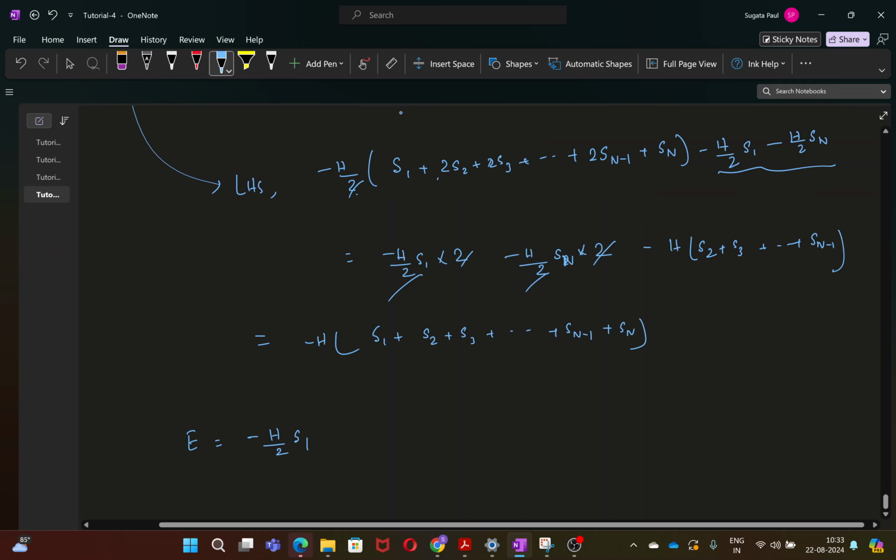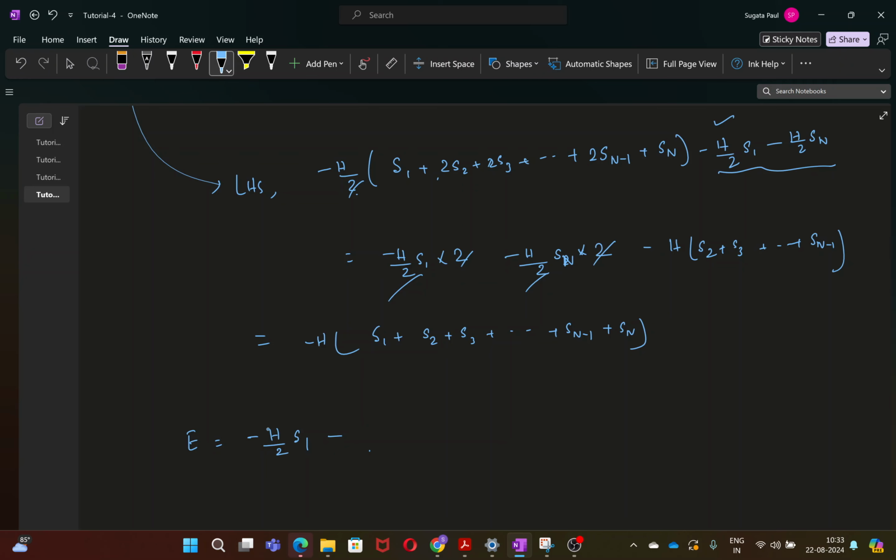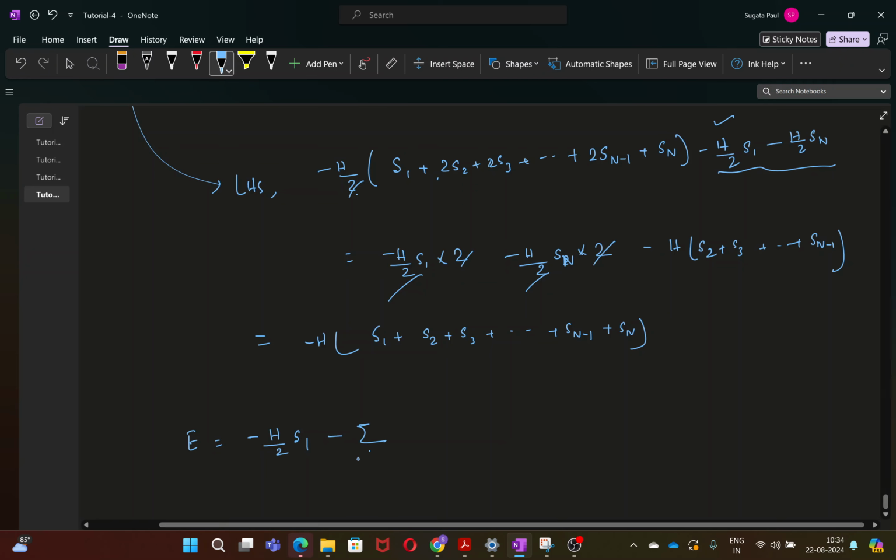So you take this minus h by 2 S1 first, then you take the external field term, which is the sum over i equal to from 1 to n minus 1, then j is i plus 1, the external interaction term, plus S i plus 1, minus h by 2 Sn.